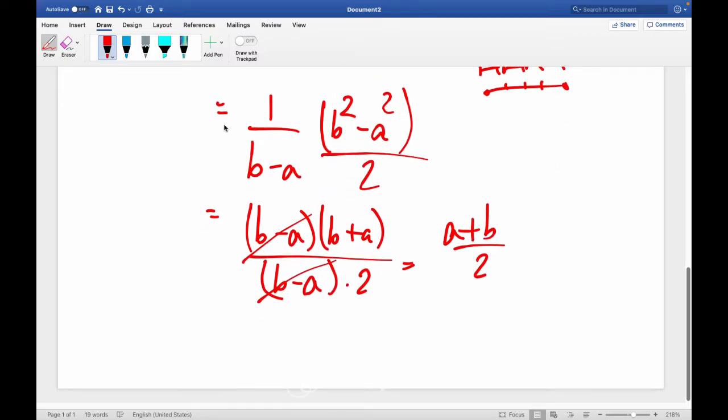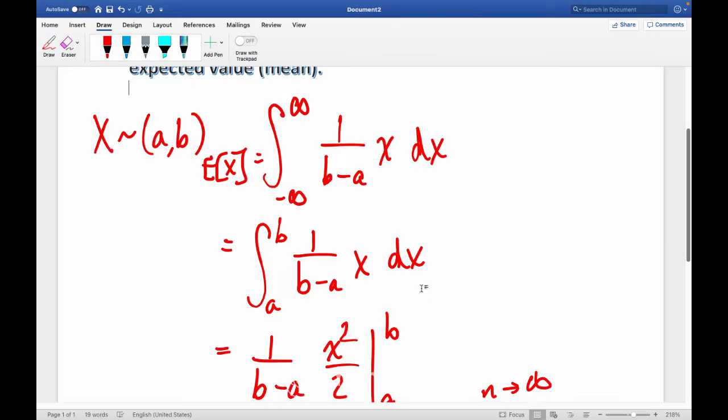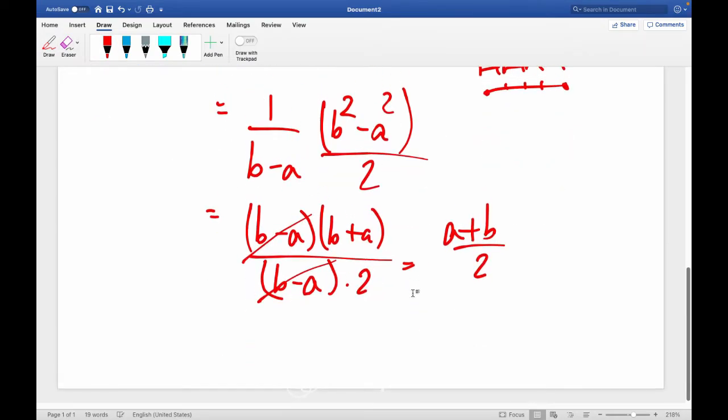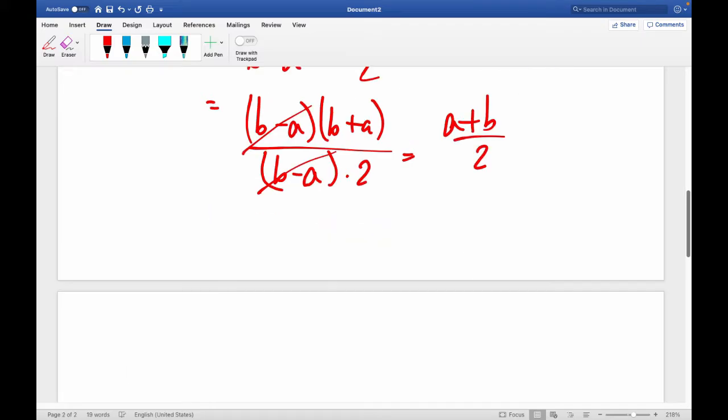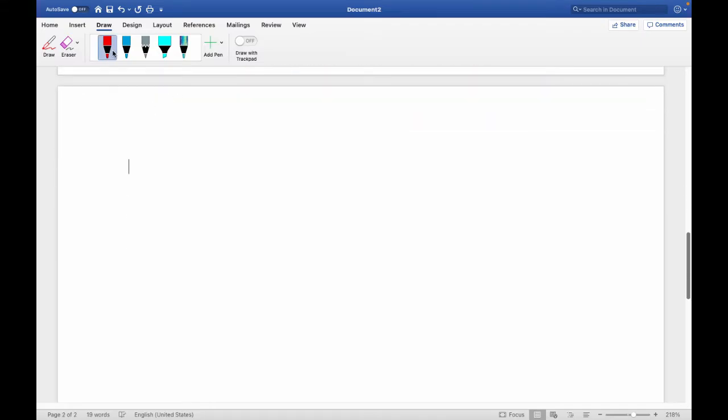My question is, you can derive the moment generating function by taking the expected value of e to the xt.